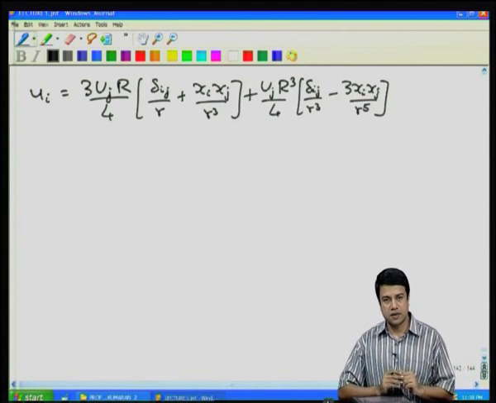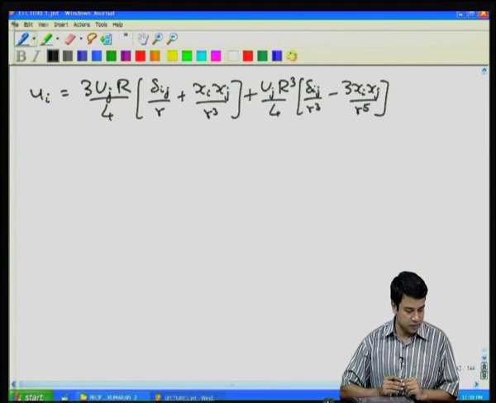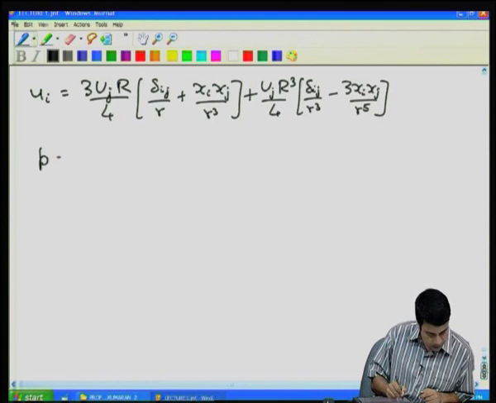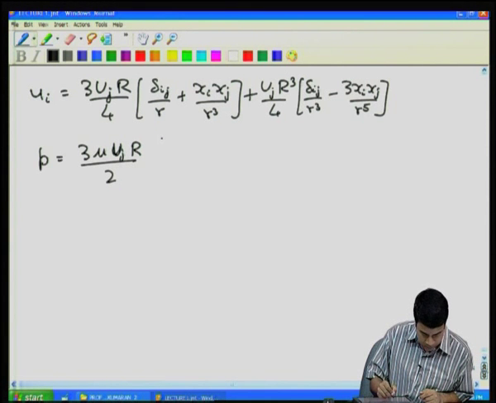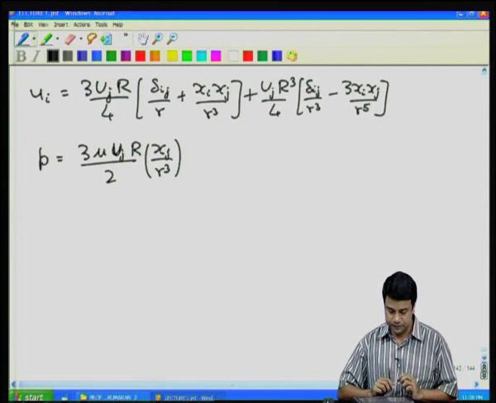So, this was the velocity field that satisfied all the boundary conditions as well as the incompressibility condition, and the pressure was given by 3 mu U_j R by 2 into x_j by r cubed. Okay, so, those were the velocity and the pressure.